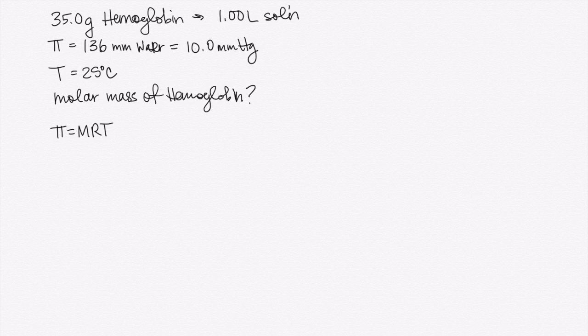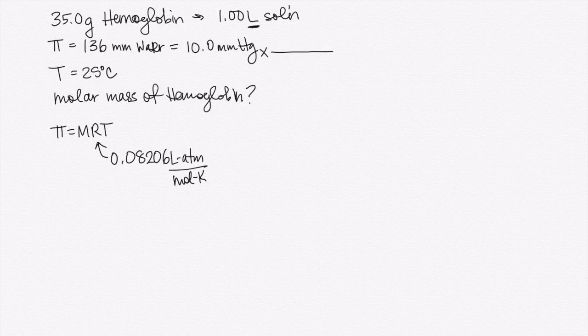So the first thing that we want to do is make sure that we have everything in the right units. And this is largely determined by our R, which is 0.08206 liter atmospheres per mole Kelvin. We've got liters for our volume, and our atmospheres we don't have, we have millimeters of mercury.